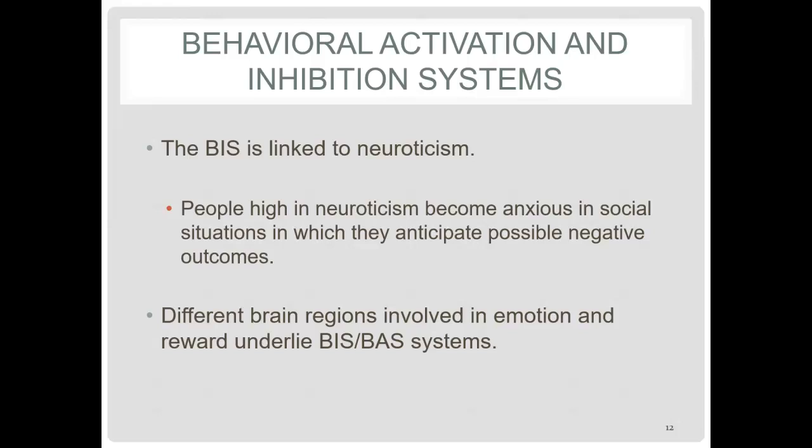So different brain regions are involved in emotion and reward that underlie the behavioral inhibition system and behavioral activation system. So this is all neurological. This is in the brain.